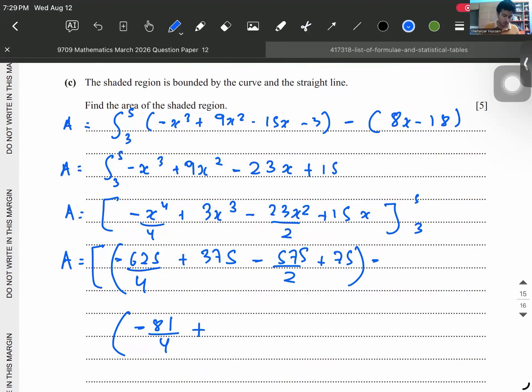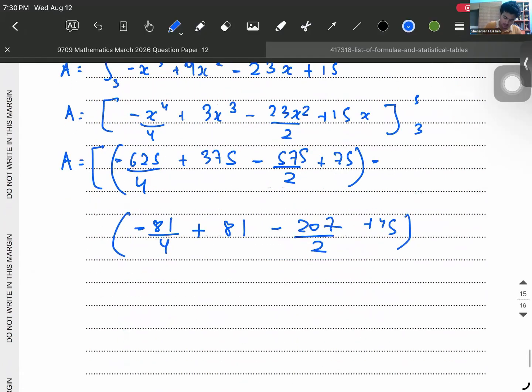Then we have 3 into 27, which turns out to be 81, minus 23 into 9, which is 207 upon 2, plus 45. Plugging this into the equation, we are getting 25 upon 4 minus 9 upon 4, which equals 4.